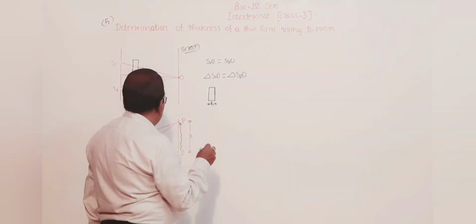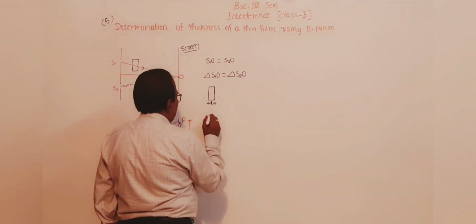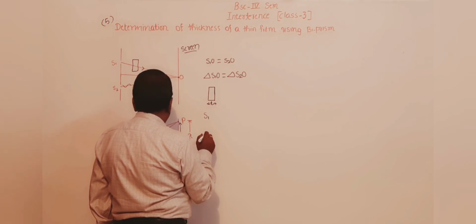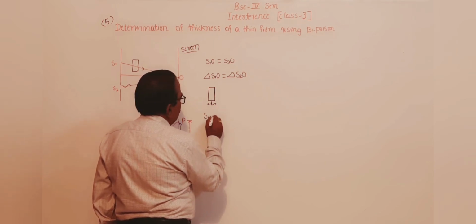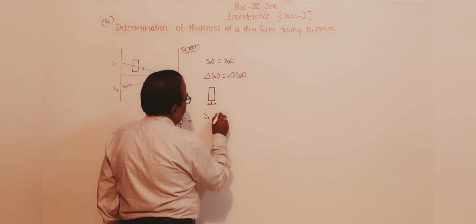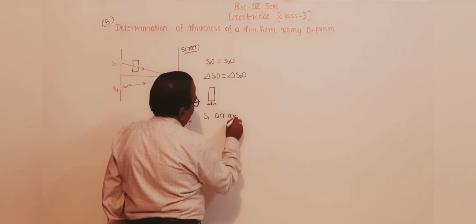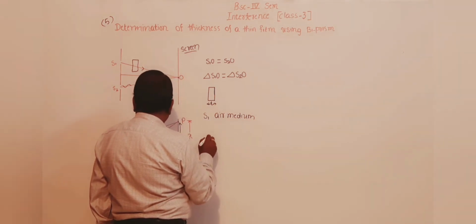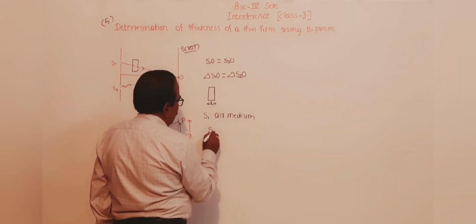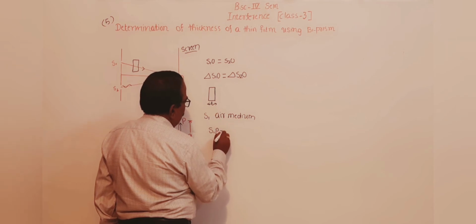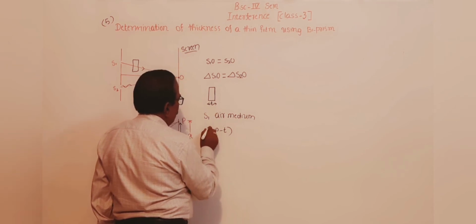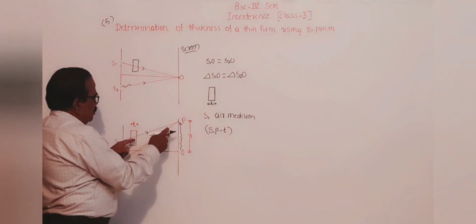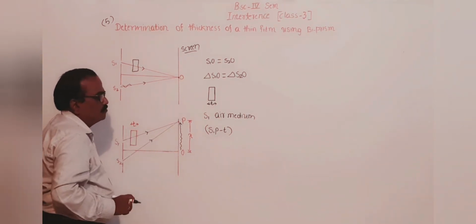Then the path traveled by the wave from S1 in the air medium is S1P minus T. S1P minus T gives these two lengths.